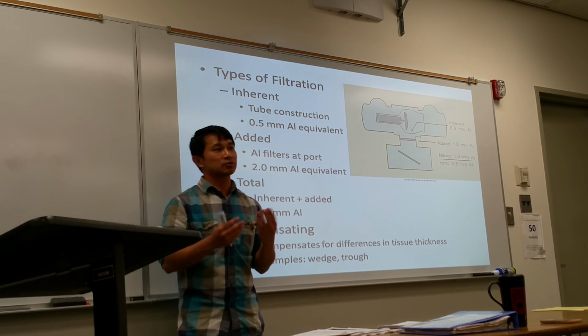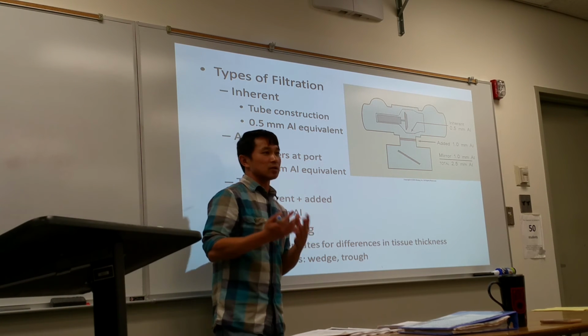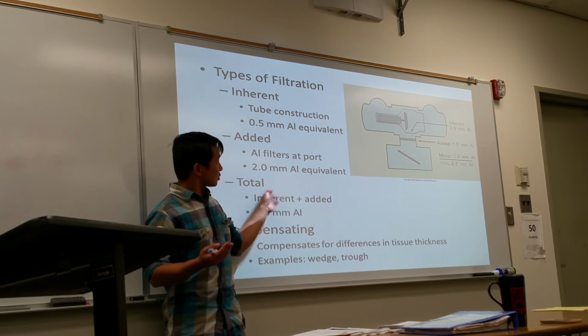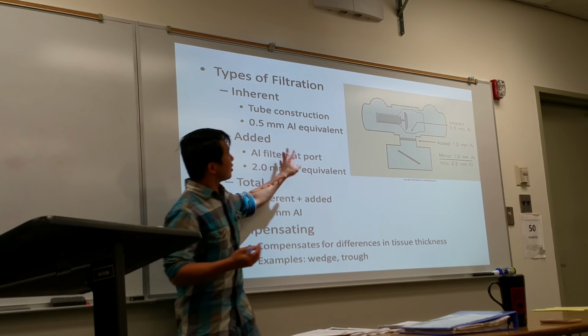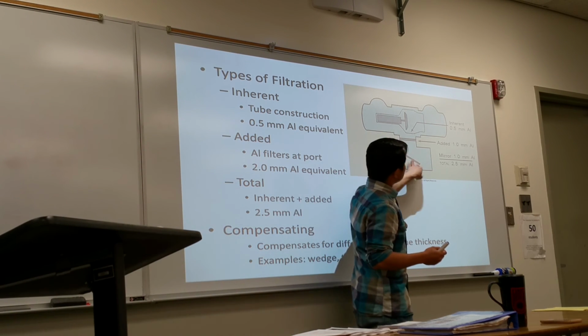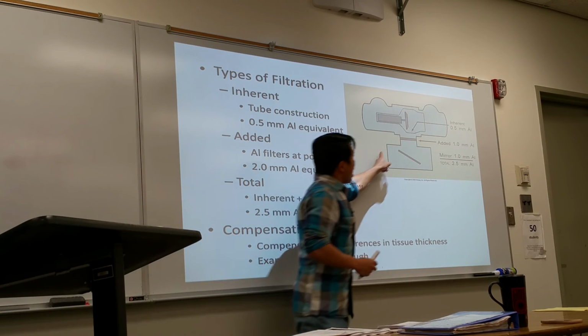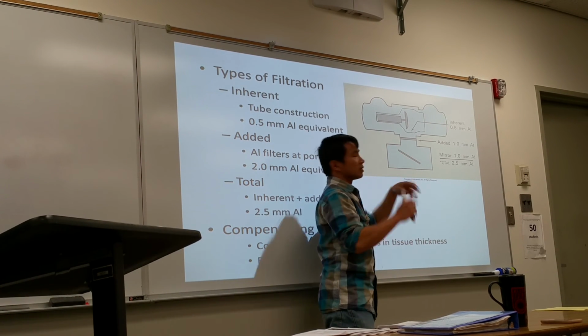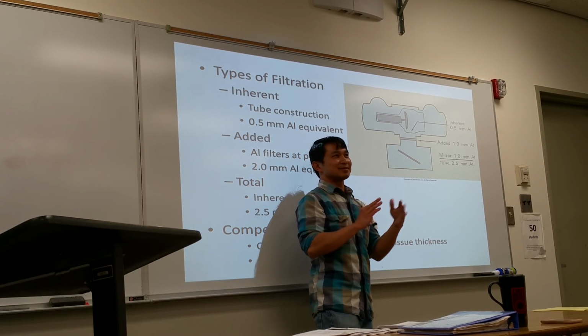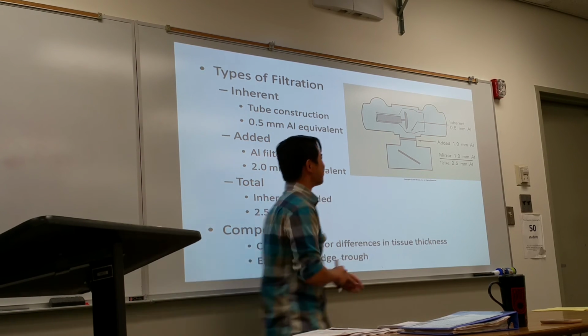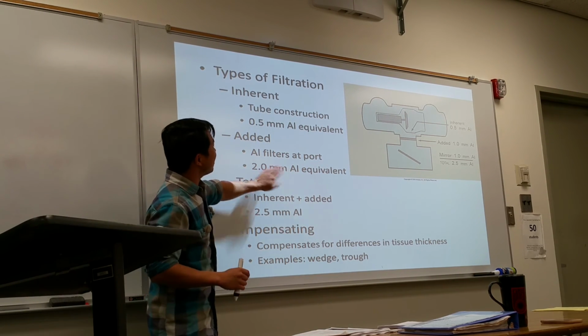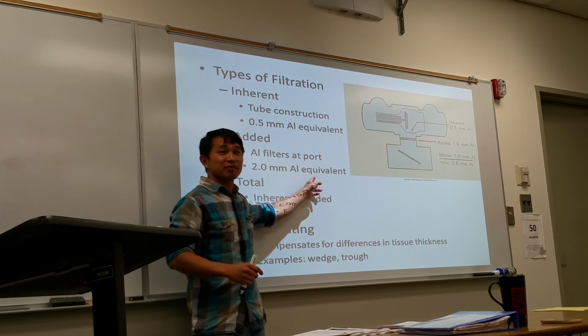So we have to add extra material to make it up to 2.5. There's other stuff in here, added filter and other factors such as the mirror that's inside there, and the collimator, to give you about 2.0 millimeter aluminum equivalent.